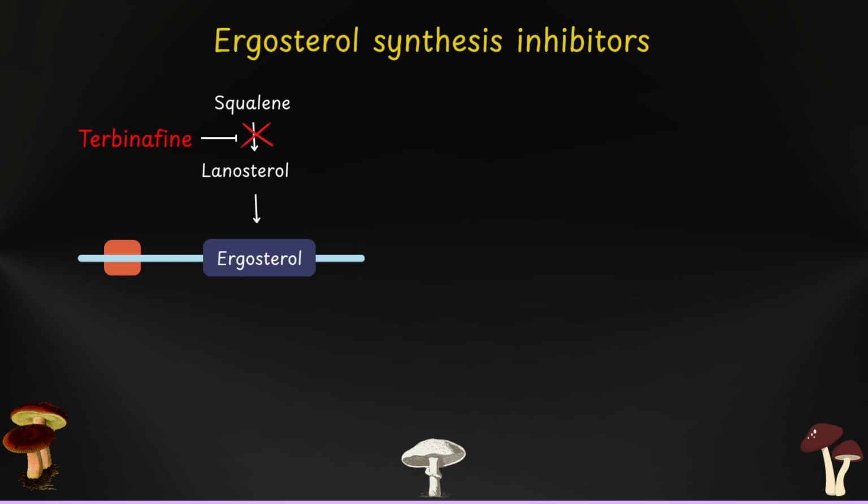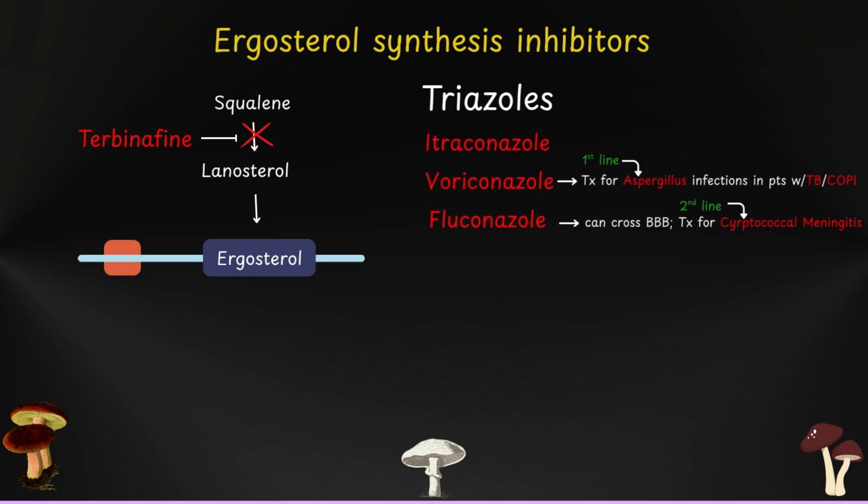That's your terbinafine. We then have itraconazole, voriconazole, and fluconazole. These are collectively known as triazoles. Voriconazole is a first-line treatment for aspergillus infections in patients with tuberculosis or COPD.